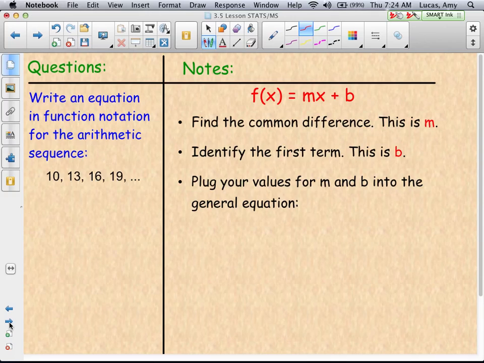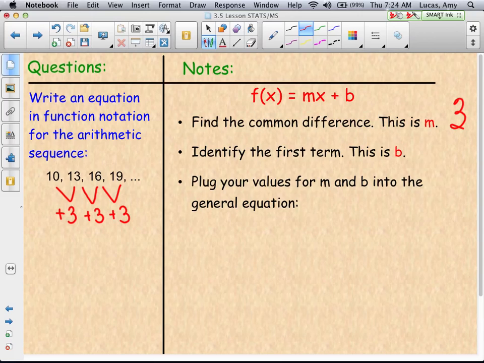So the common difference for this sequence, if I look at each term in order, I notice that it's increasing by 3. So that is my common difference. It's going up 3 each time.